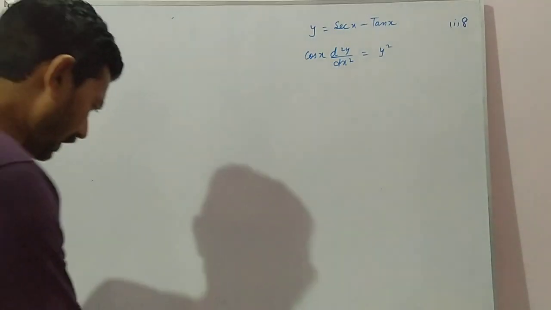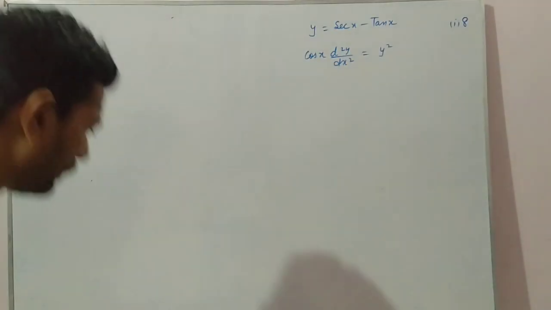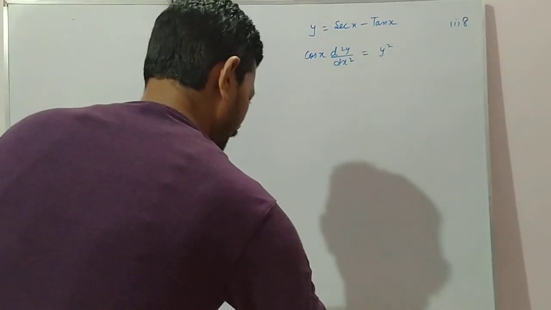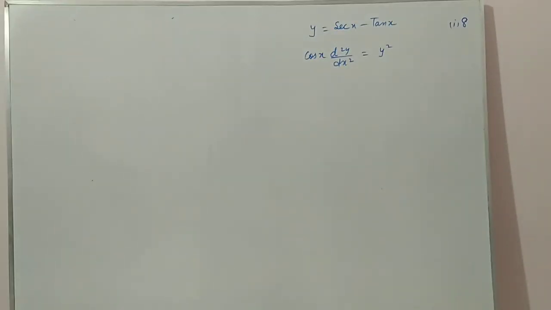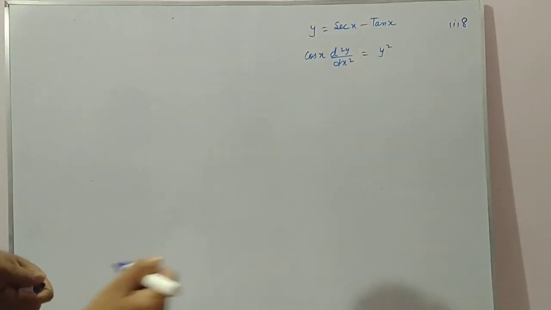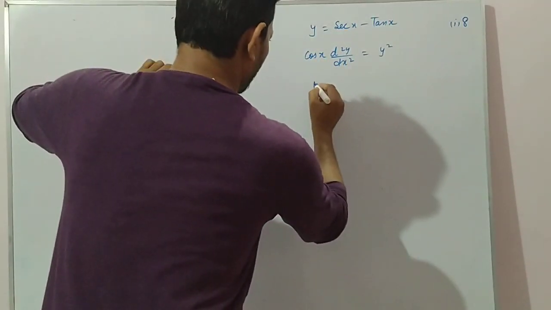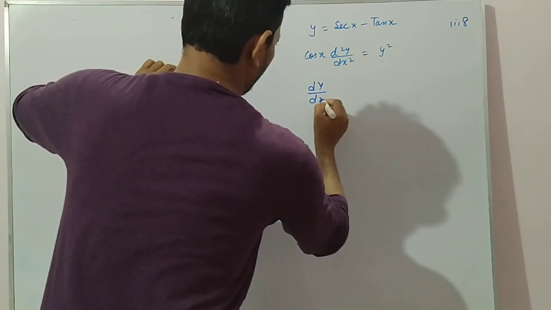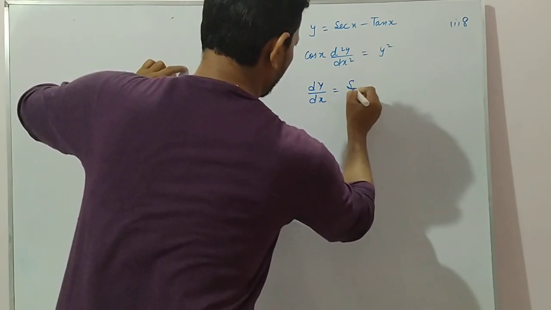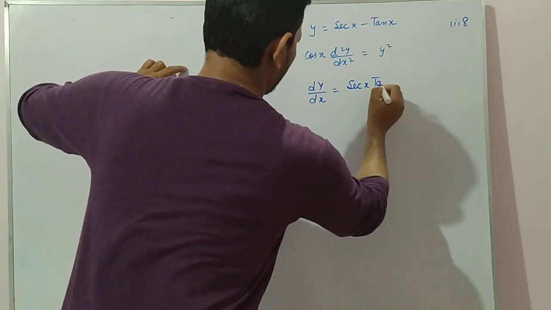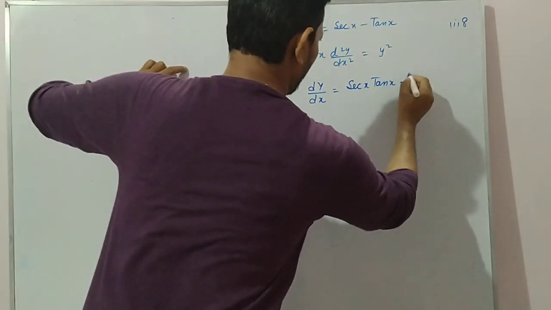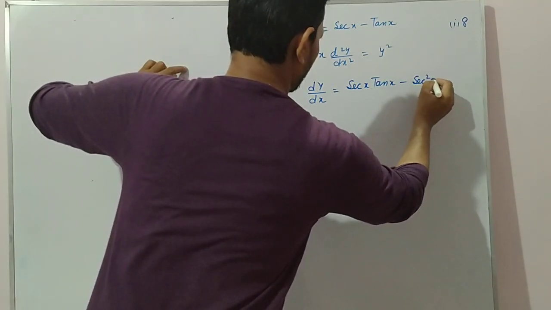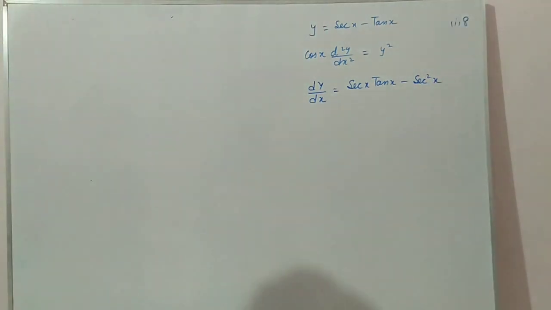Okay. So here what we have to do: differentiate, dy by dx, that is sec x tan x minus sec square x.